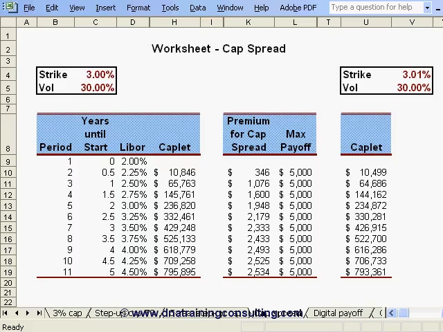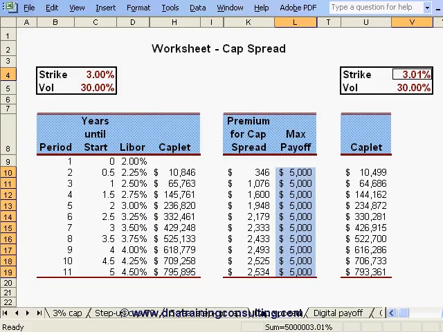If LIBOR at the relevant time resets at or below 3%, both caplets expire out of the money and the investor receives nothing back from her investment. If LIBOR resets above 3.01%, the investor receives exactly $5,000, irrespective of how far above 3.01% LIBOR has reset.